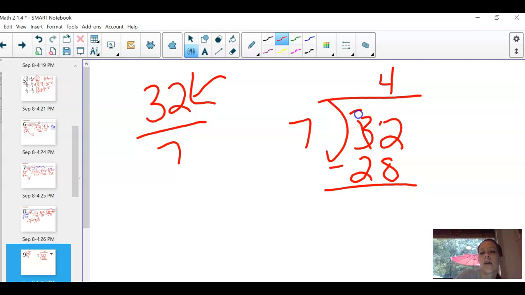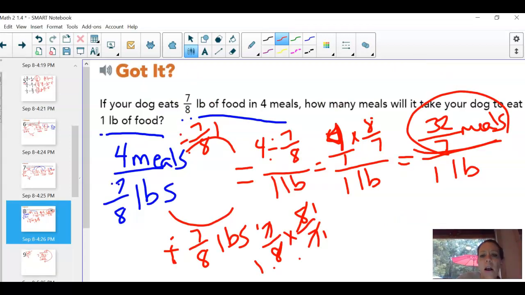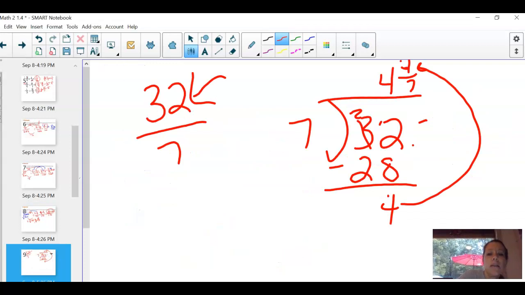Now I go like this. That gives me 4. I'm going to put a decimal point and drop, or I can say 4 4/7. 4 left over, and they're being cut into 7ths, so 4 4/7 meals, or I can continue to divide. I'm just showing you multiple things. These are from the 6th grade Common Core, right?